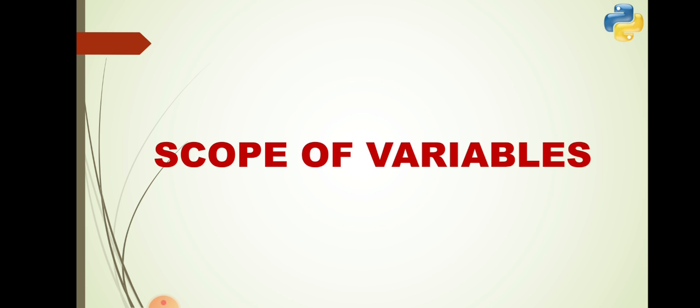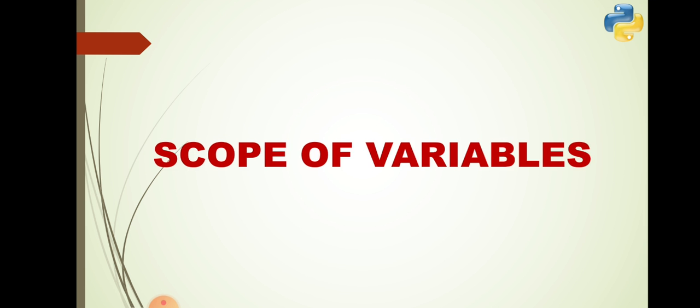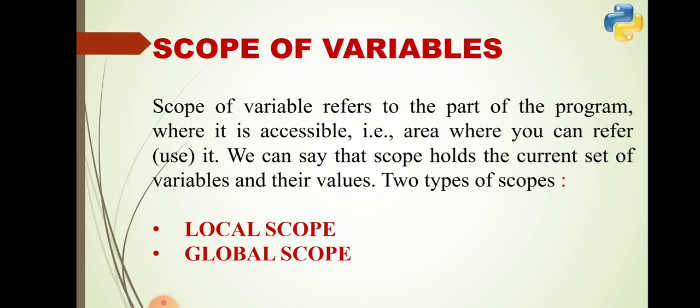Now we are going to scope of variables. What is meant by scope of variables? Scope of variables refers to the part of the program where the variable is accessible.